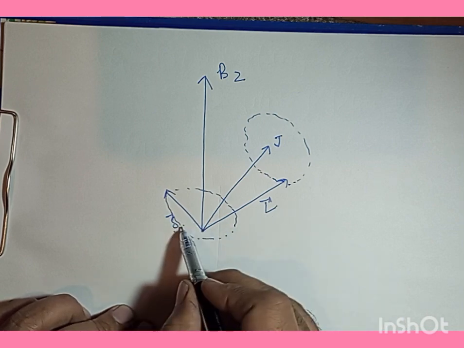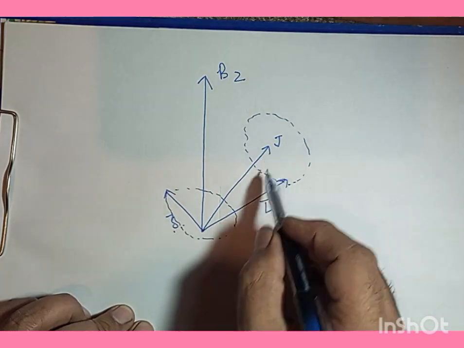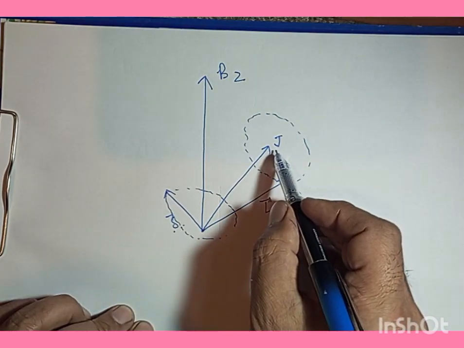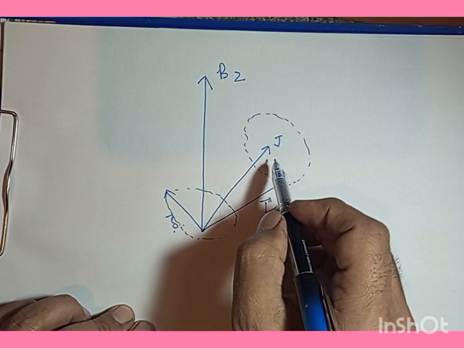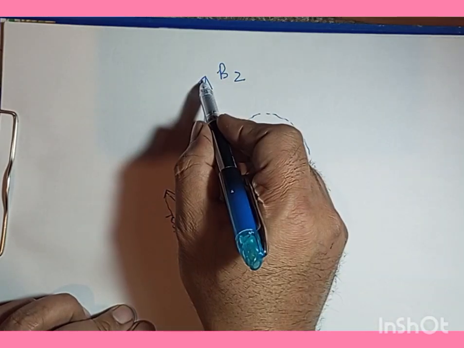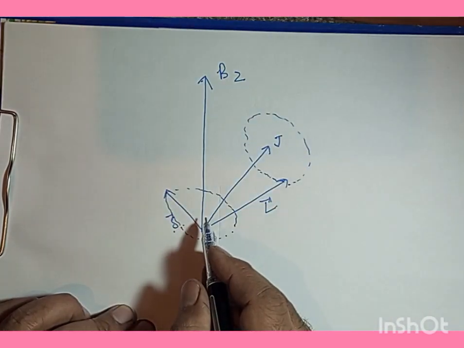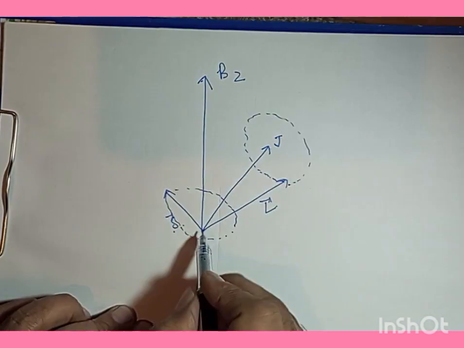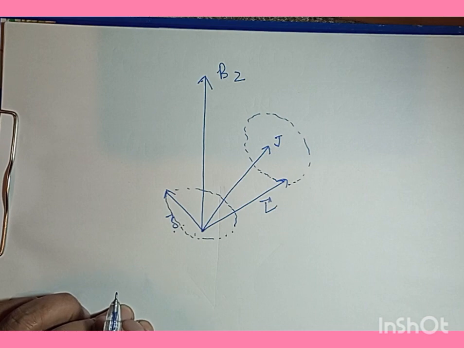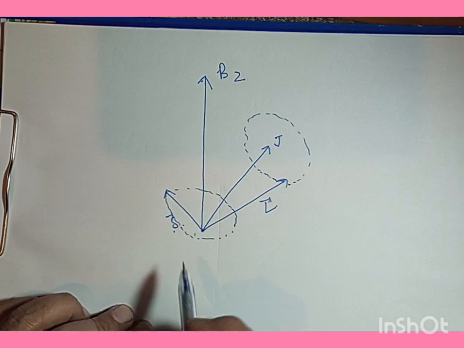They vectorially precess around the total angular momentum J. But at the same time, this J precesses around the applied magnetic field, which is applied along the z direction.